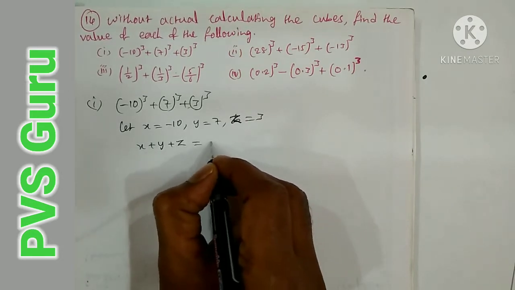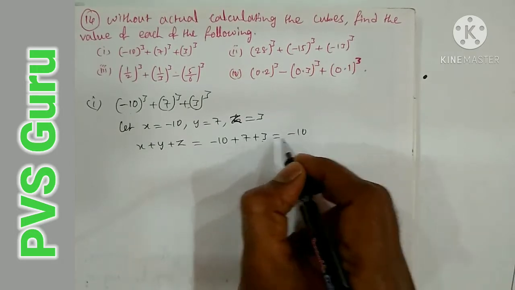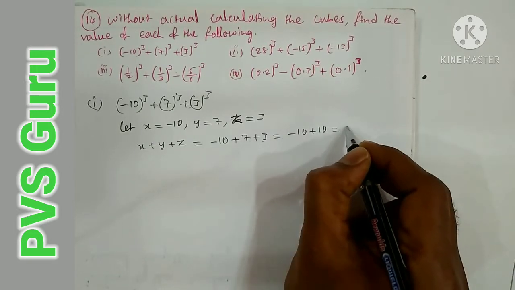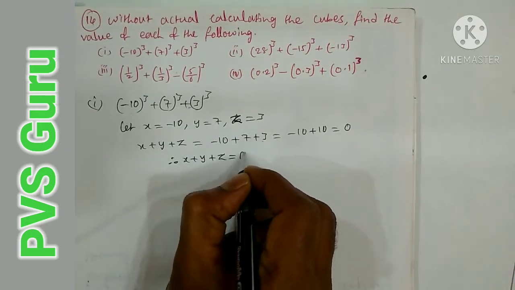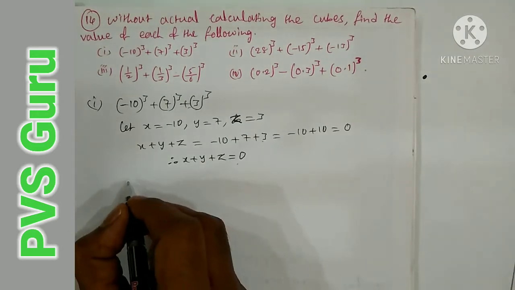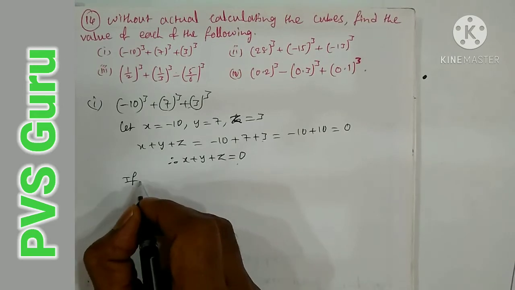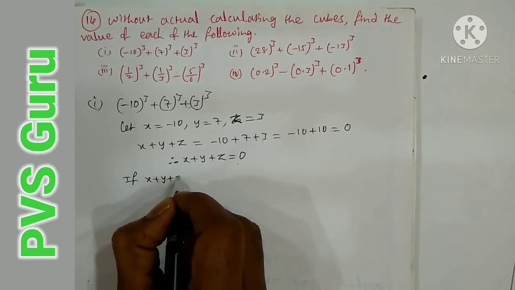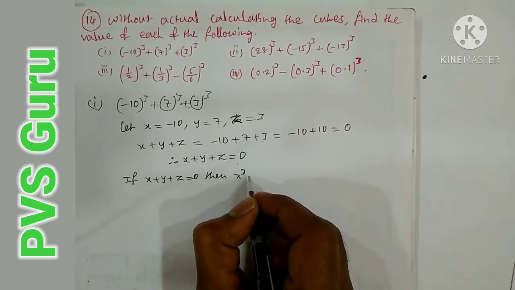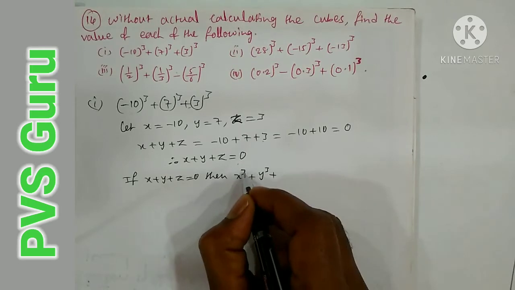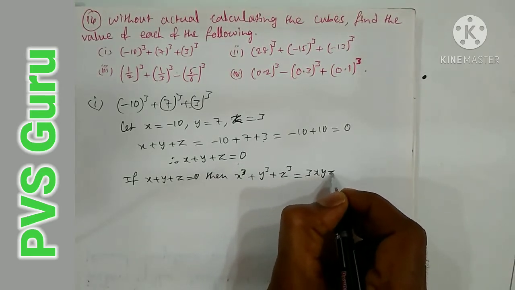x plus y plus z is equal to minus 10 plus 7 plus 3. 7 plus 3 is 10, and 10 minus 10 is 0. So therefore x plus y plus z is equal to 0. Here we know from the 13th question, if x plus y plus z is equal to 0, then x cube plus y cube plus z cube is equal to 3xyz.